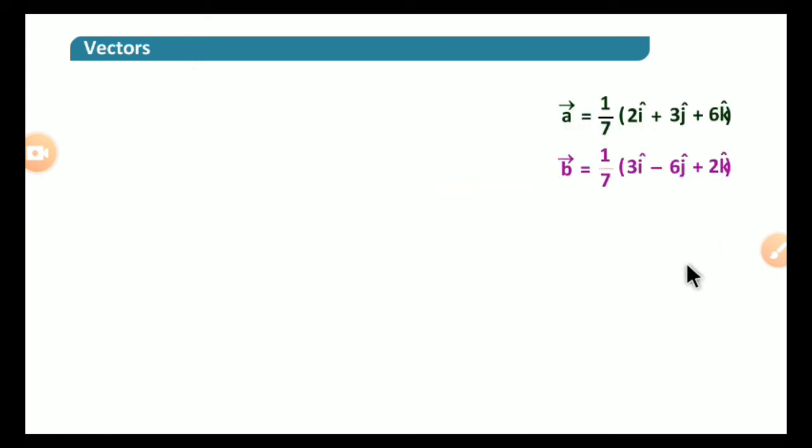Now we consider the first vector. We have to find the magnitude of vector A, which should be equal to 1. Then it becomes a unit vector.